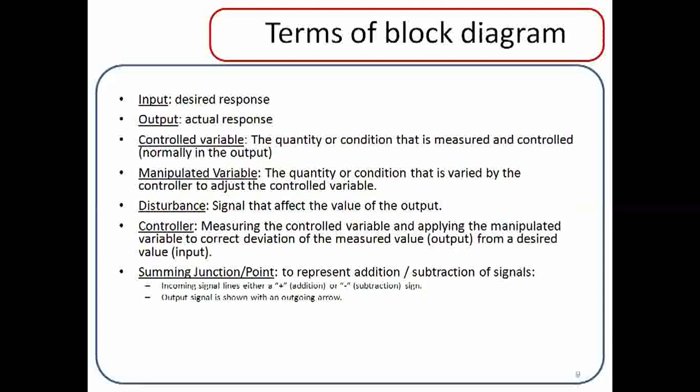Those errors need to be compensated at the summation junction or point, in order to add or subtract the signals. So if, as per the environmental conditions, the signal strength is very high, we will limit the voltage factor of the controller.